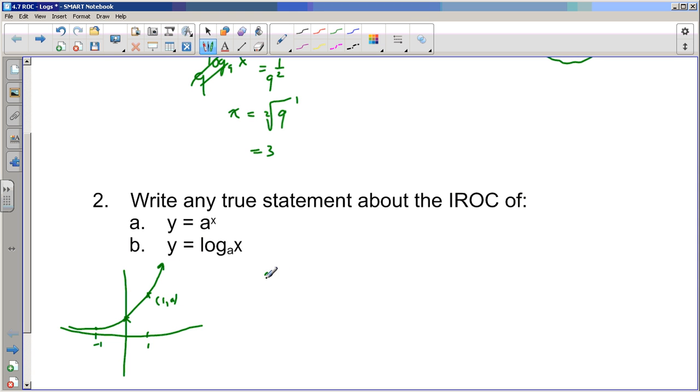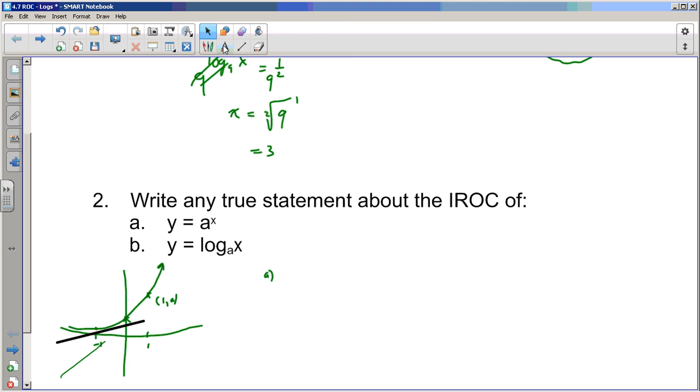So we would be tempted perhaps to say that the IROC, remember, is the tangent. I can slide that along, and wherever I go, I'm going to have a positive tangent line. Positive, positive, positive, positive.